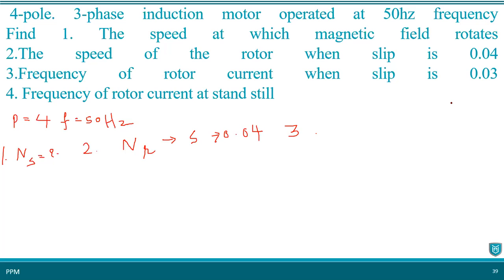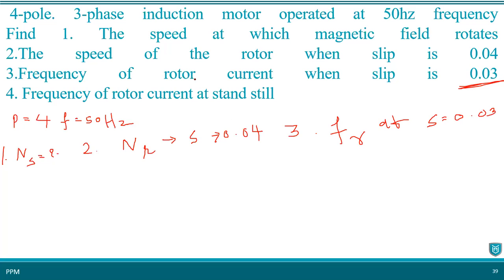The third parameter that we need is the frequency of the rotor current when slip is equal to 0.03, so we need Fr at S equal to 0.03.